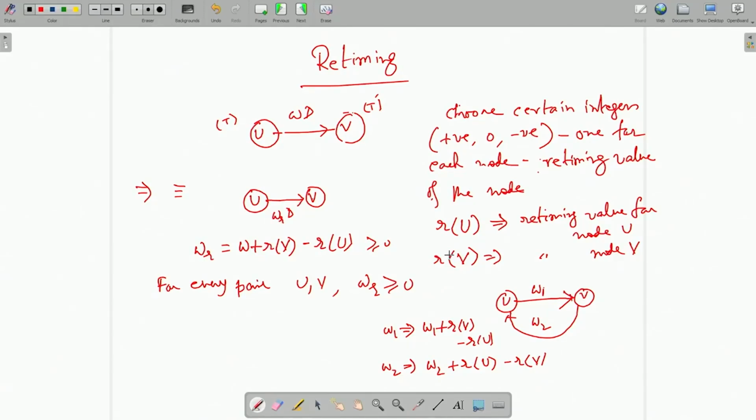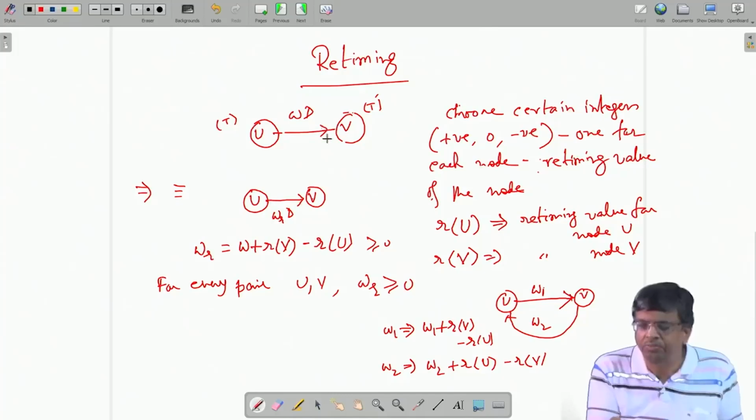The retiming theorem says that if the edge had W number of delays, where W can be 0, 1, 2, 3, and so on, then after retiming you can change it to a new value of delay W_R, R for retiming, where W_R is the original W plus the retiming value you chose for the destination node, destination in terms of the arrow, that is R of capital V, minus the retiming value of the source node.